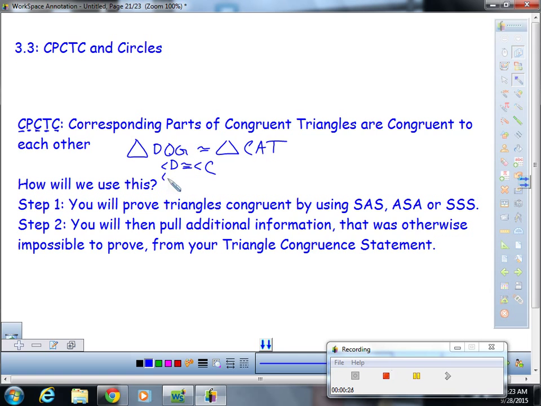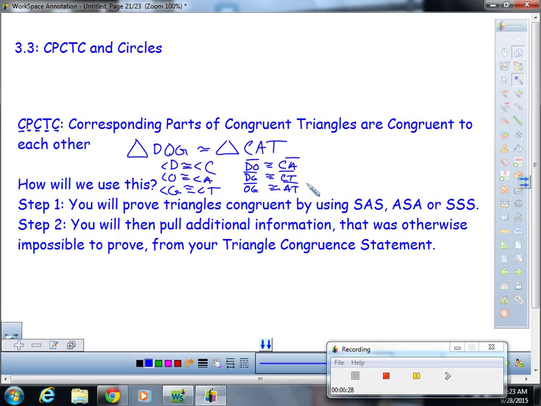And you know that angle O is congruent to angle A, and you know that angle G is congruent to angle T. You also know that DO is congruent to CA, that DG is congruent to CT, and that OG is congruent to AT. Okay? So that's what that says.